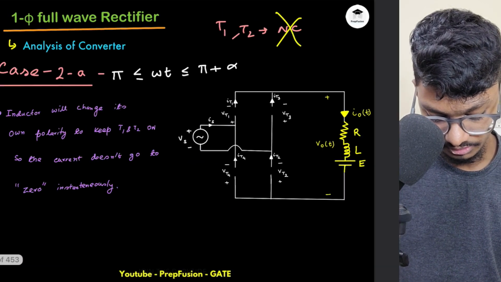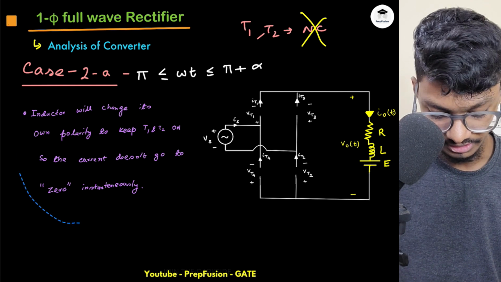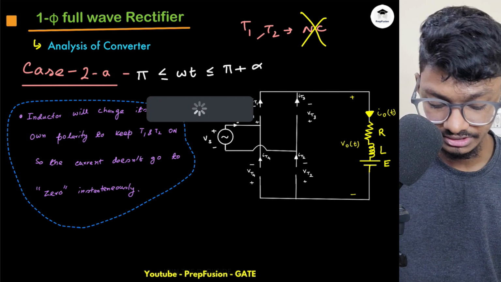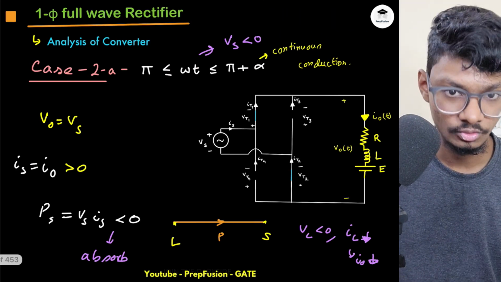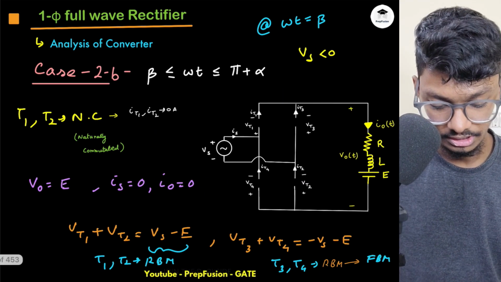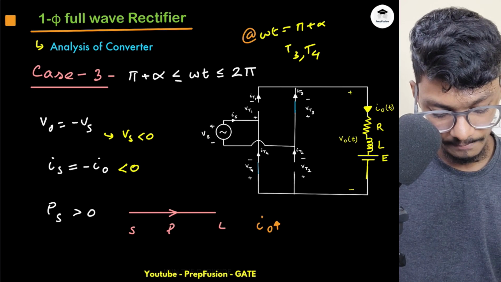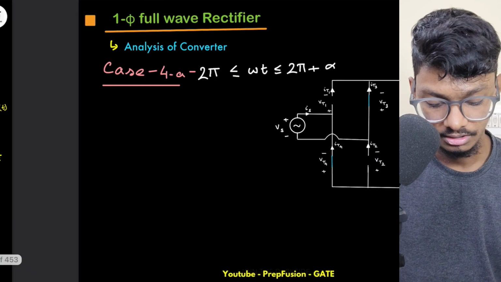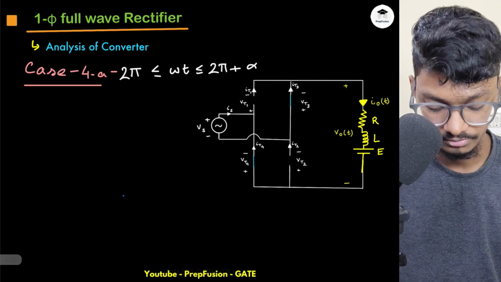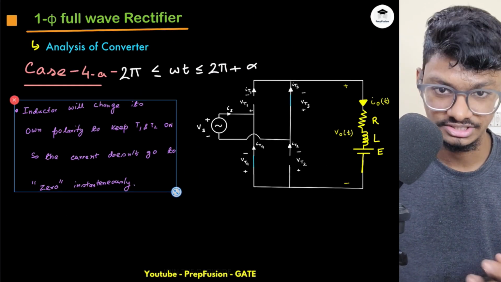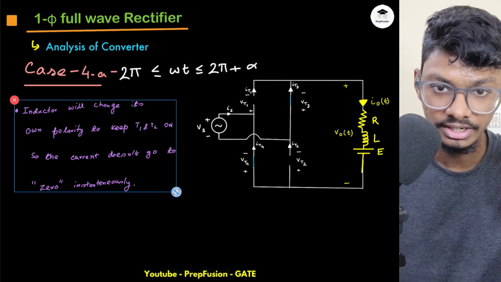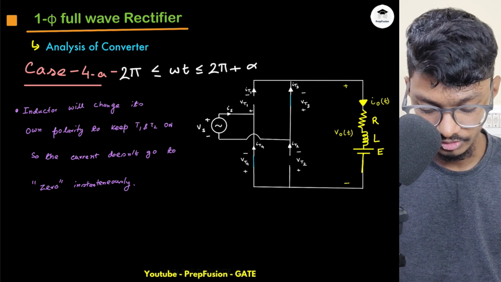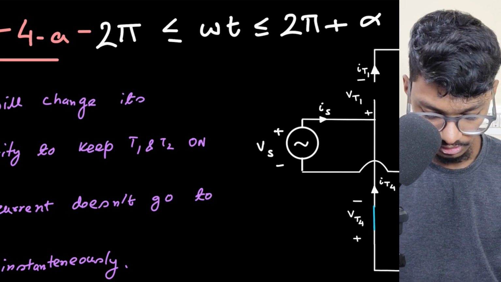The inductor will change its own polarity to keep the same T3 and T4 on, so that current doesn't go to 0 instantaneously, because from pi plus alpha to 2 pi, current is only increasing. It is increasing from some positive value at omega t equals pi, so it can't go to 0 instantaneously. So it will keep T3 and T4 on.